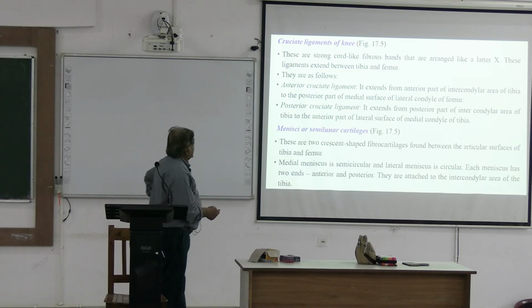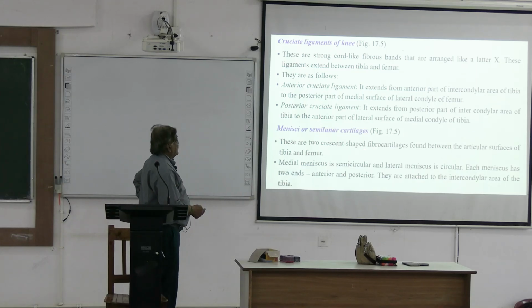Menisci or semilunar cartilages. These are two crescent-shaped fibrocartilages found between the articular surfaces of the tibia and femur. The medial meniscus is semilunar and the lateral meniscus is circular. Each meniscus has two ends, anterior and posterior. They are attached to the intercondylar area of the tibia.